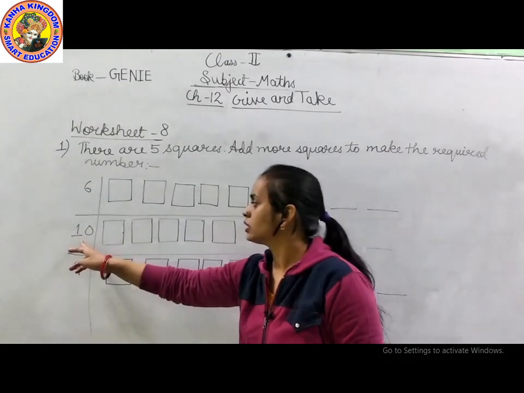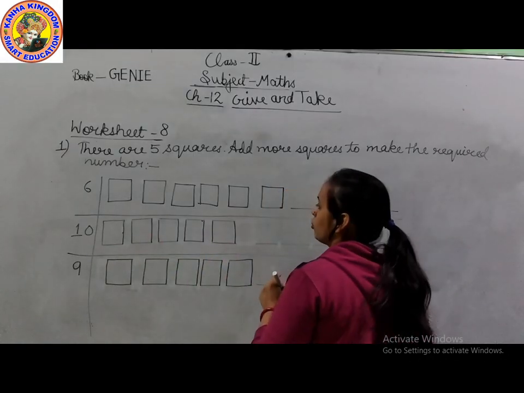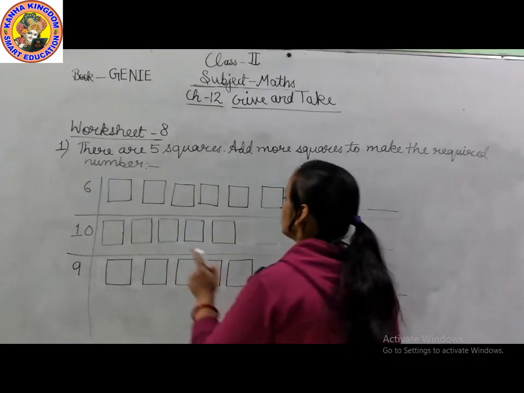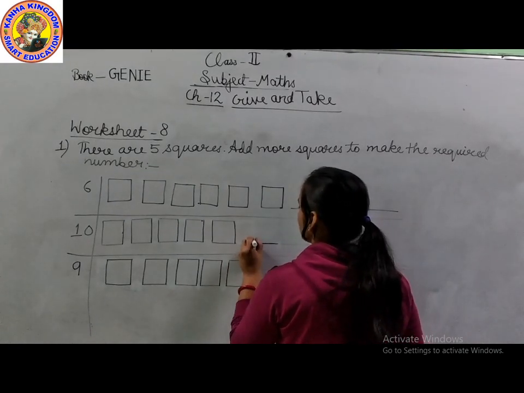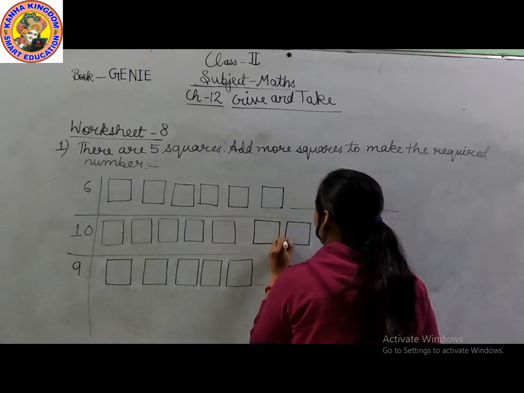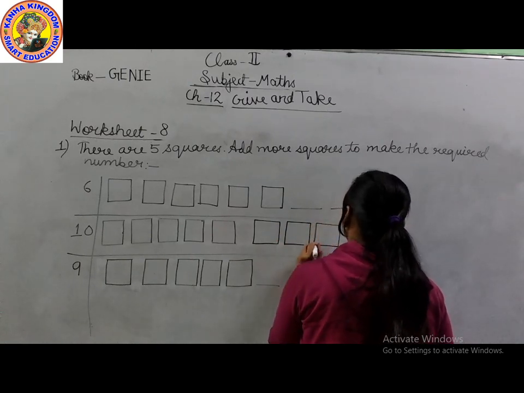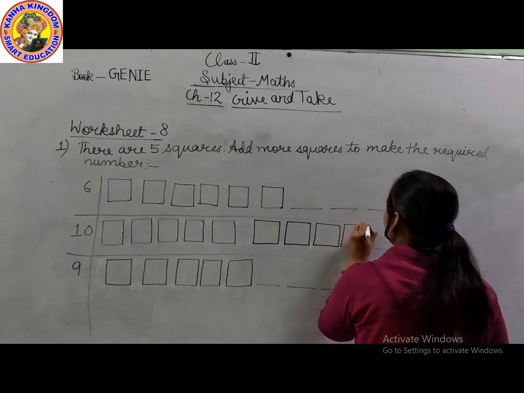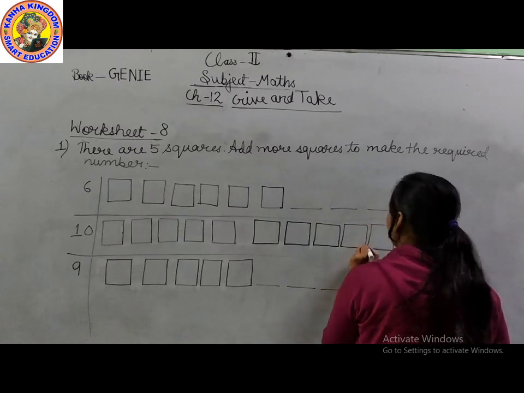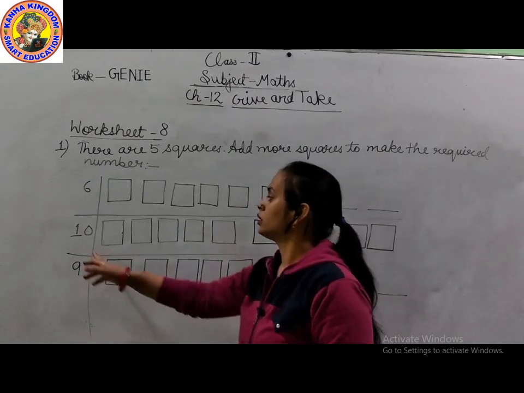Now next is 10. So 5 squares are there. Now how many squares do we have to make? 5, 6, 7, 8, 9 and 10. So how many squares are required to make number 10?